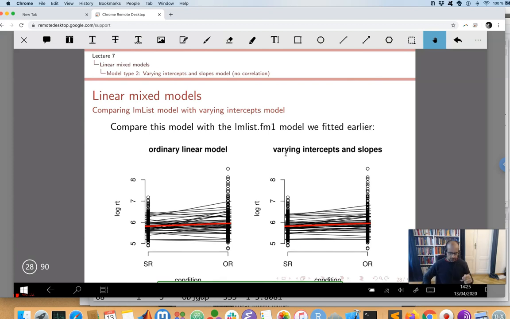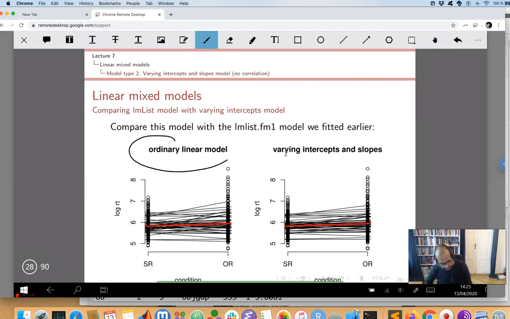Now one question you should ask yourself is, what is the difference between the model that I fit at the beginning of the course, where I used the lm_list function to fit a separate linear model for each subject, versus the model that I'm fitting now, where I have varying intercepts and slopes for each subject? The difference can be shown graphically here.